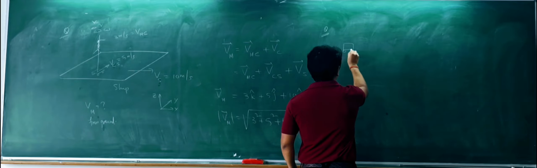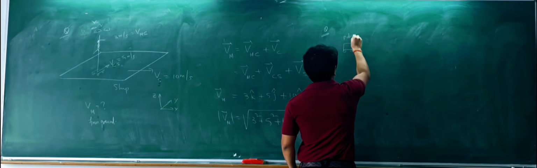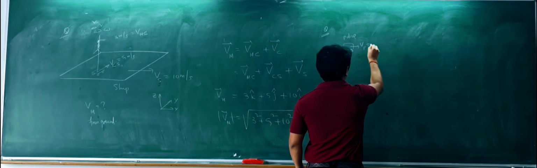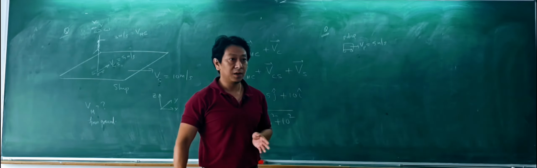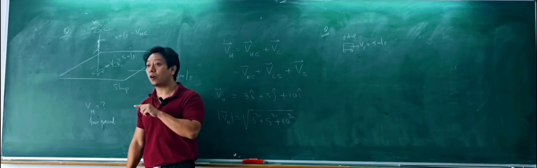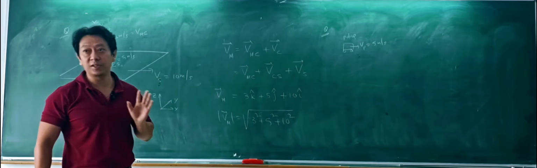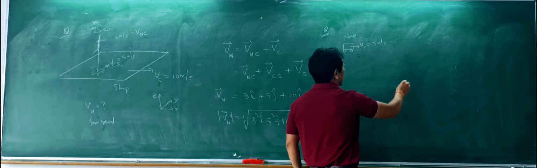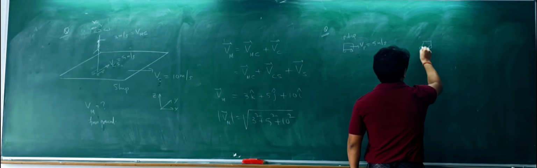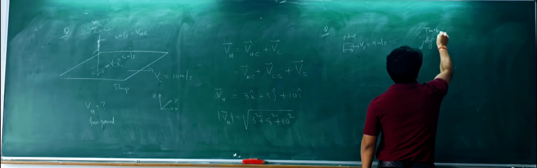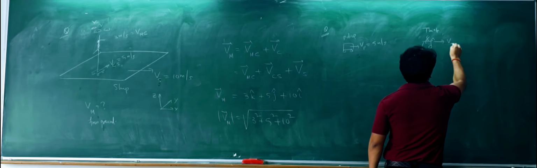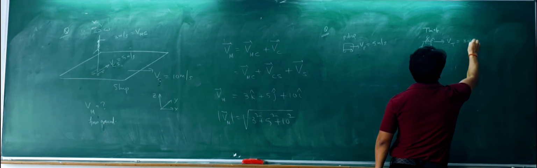So see this nice problem. There is a police in a jeep and the velocity of police is given, let's say 5 meter per second from the ground frame. Normally they will give in kilometer per hour. I hope you can convert into meter per second. Now here there is a thief on a bike and the thief is running away with velocity 30 meter per second.